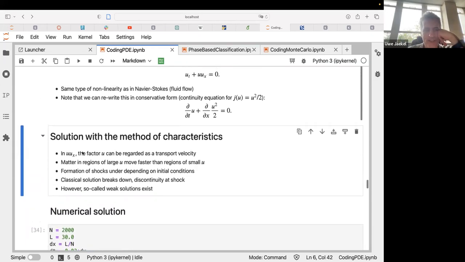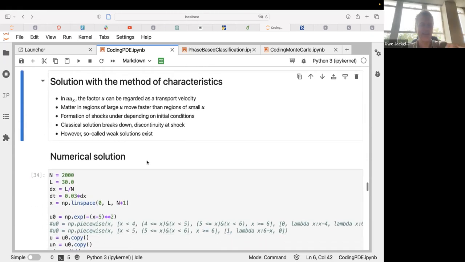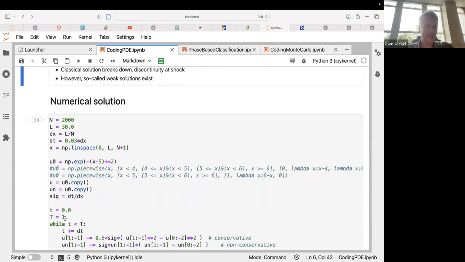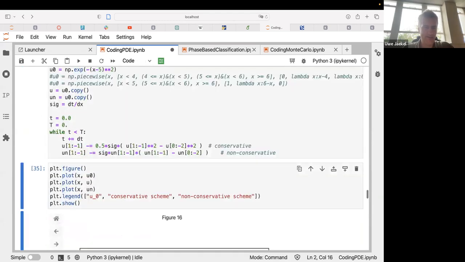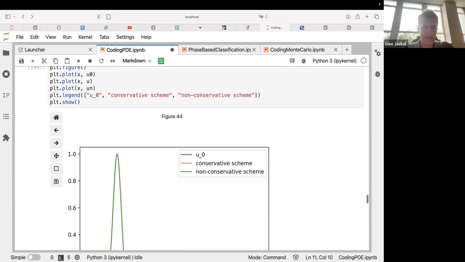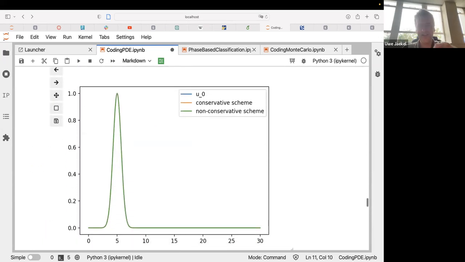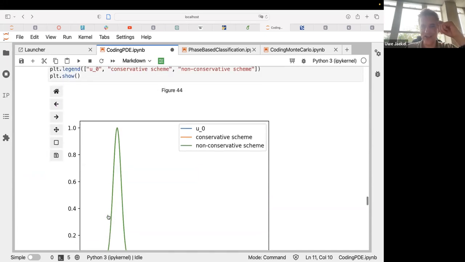So the transport velocity is now a function of u. Here I come up with a scheme. Let's look at the same initial value problem.